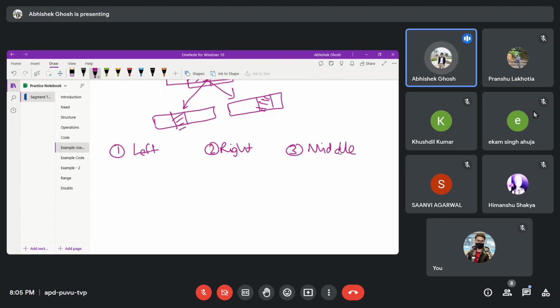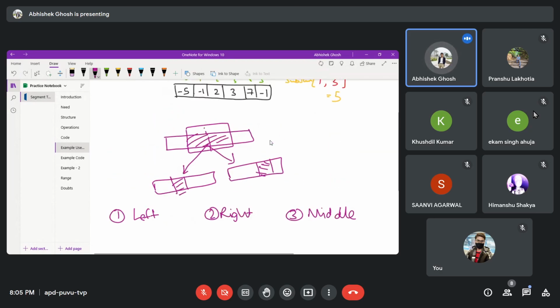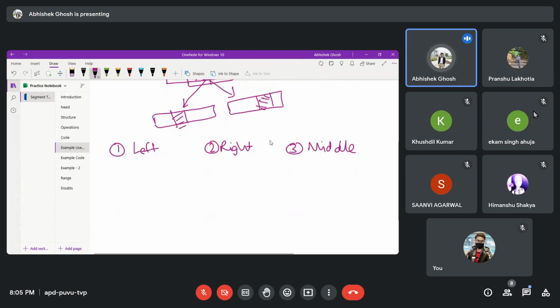So what all do I need in my array? I actually need three things. I need the maximum sum for the left part. I need the maximum sum. I need the suffix sum maximum. I need the maximum prefix sum.